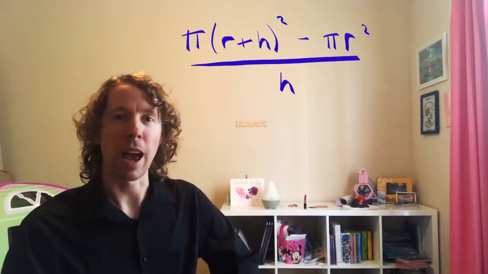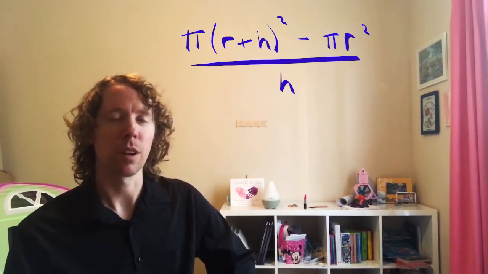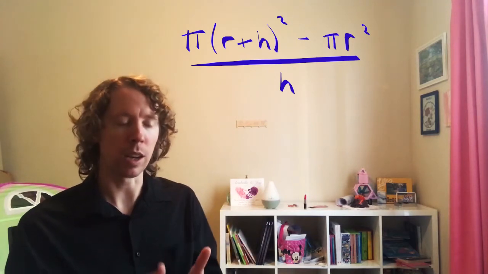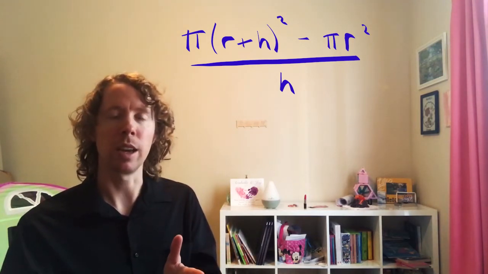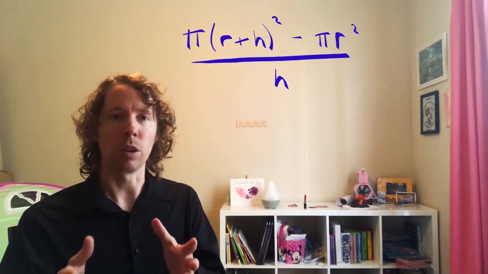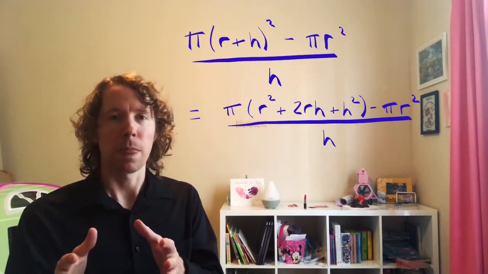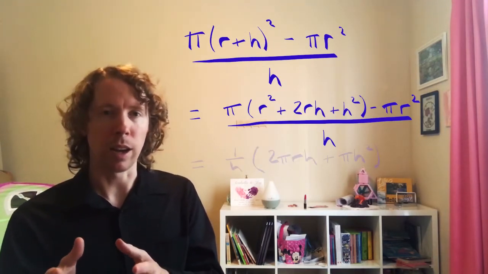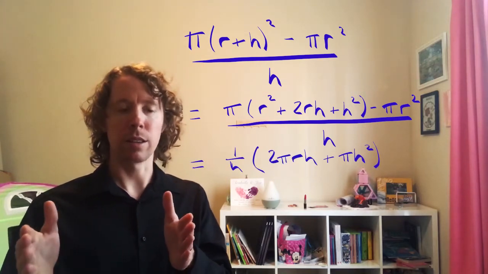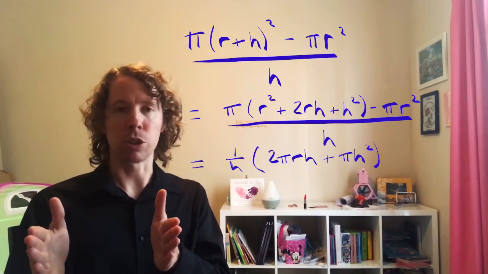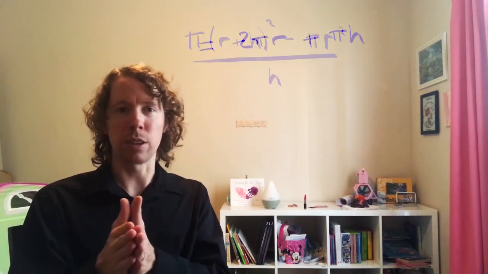That gives us an average rate of change of the area as we let the radius change from r to r plus h. We'll calculate that out, and then we're going to let that radius increment shrink down to 0. So let h shrink down to 0.